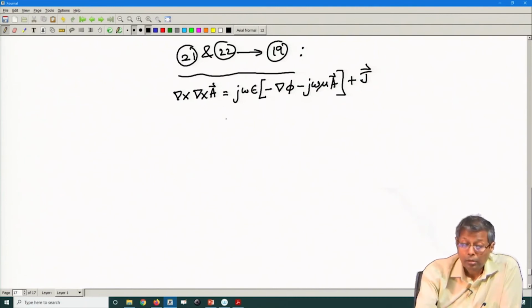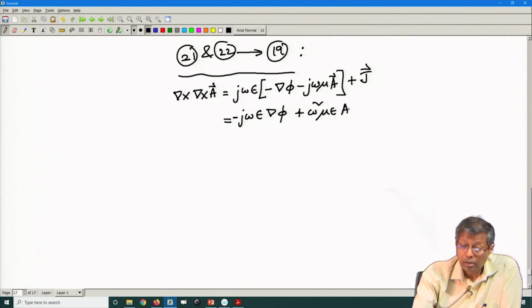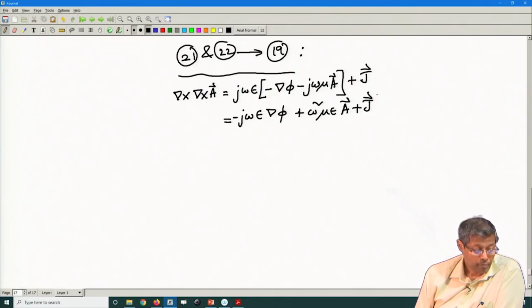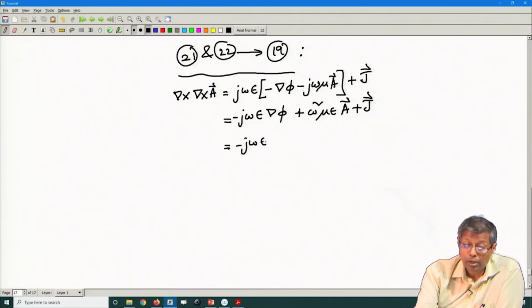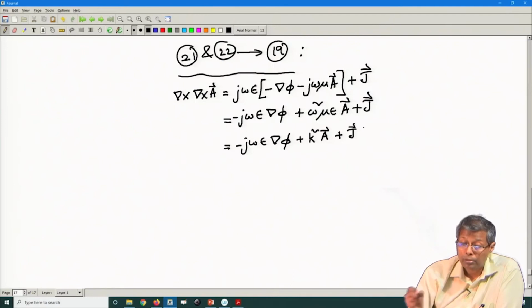So, this can be further written as j omega epsilon grad of phi with a minus sign plus omega square mu epsilon A plus j, that is minus j omega epsilon grad of phi plus k square A plus j.